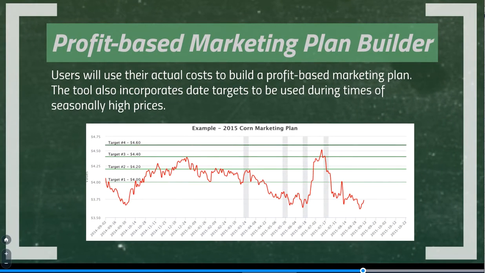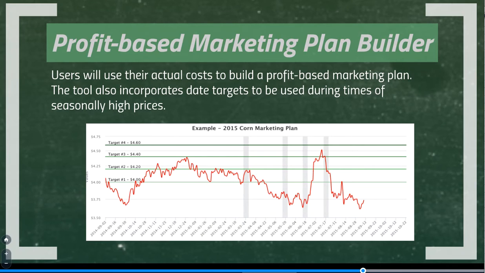Here's the marketing plan builder. This is just a snapshot, using your actual costs, building a marketing plan, putting some targets in place. The gray vertical lines you see there are just the ability to add date targets in seasonally strong times of the year.